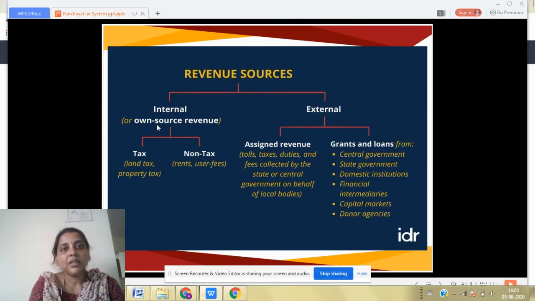It is internal or own source revenue. They should create their own source of revenue, that is, from taxes on land and property, non-taxes, rents and user fees. And externally, grants and loans given by the state government and central government. Apart from that, assigned revenue like tolls, taxes, duties: if some part of this share also comes to the Gram Panchayat.